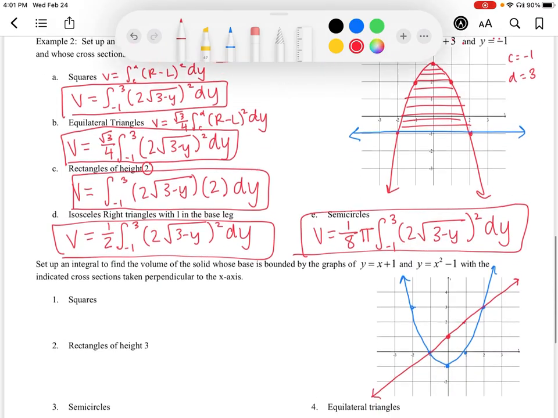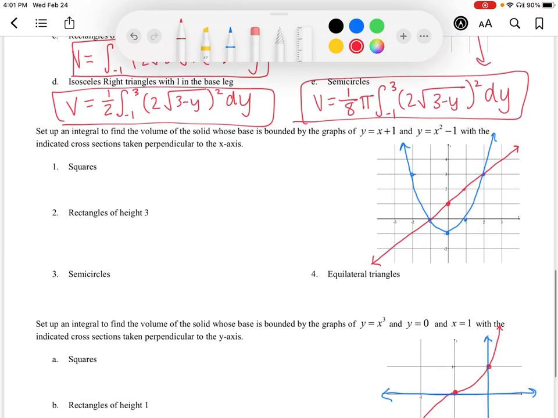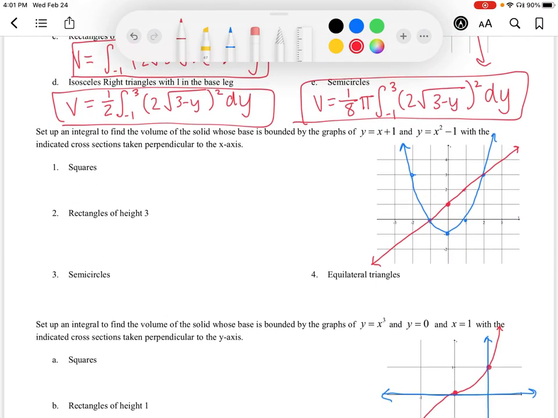We got 2 more that we're going to look at, get some more practice with getting all of these integrals set up. So we are looking at perpendicular to the x-axis. So that means perpendicular looks like this, and it's going to be a top minus bottom. So my top is that x plus 1.